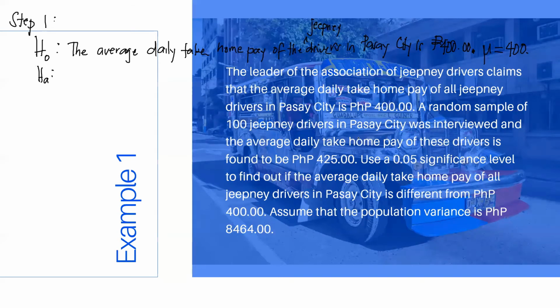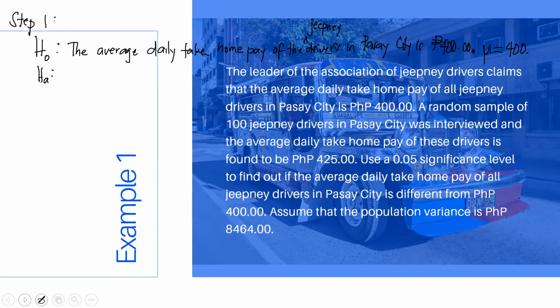So that statement says that something is not agreeing with what is given above. So we will just check if really the average daily take-home pay of all the jeepney drivers in Pasay is different from what is given, which is 400 pesos.